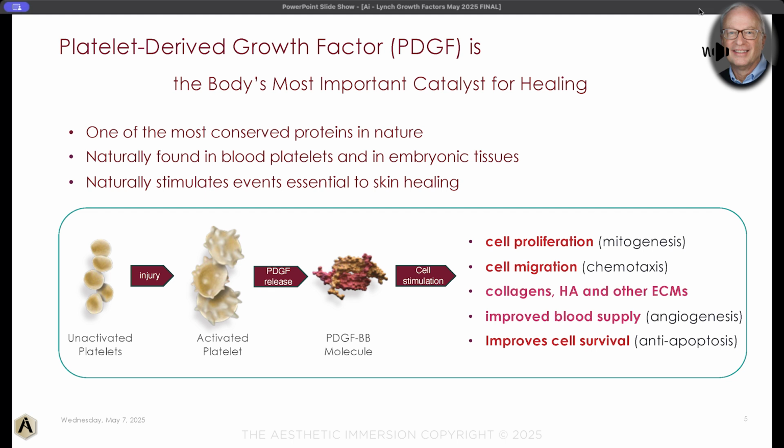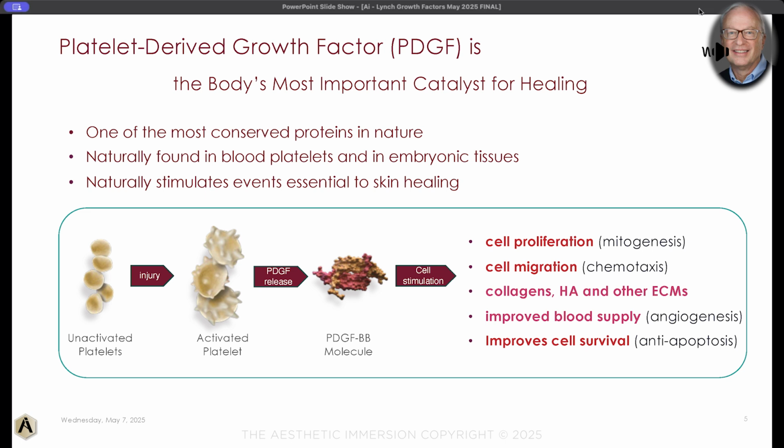PDGF has been so important that it has been highly conserved throughout evolution over hundreds of thousands of years to help us heal. Because if our ancestors, living in caves, were walking down the path and cut their foot on a rock and couldn't heal that wound, we wouldn't have survived very long as a species, right?